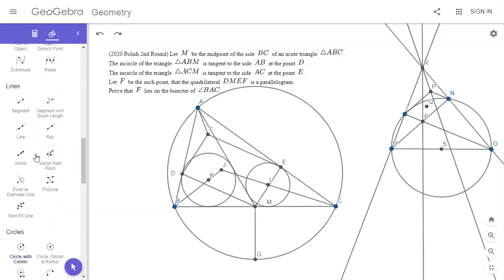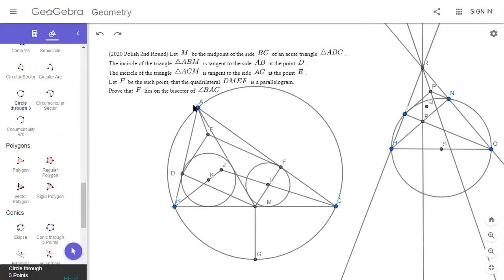What if I did this? Let's see. Yeah, I want to find a point.